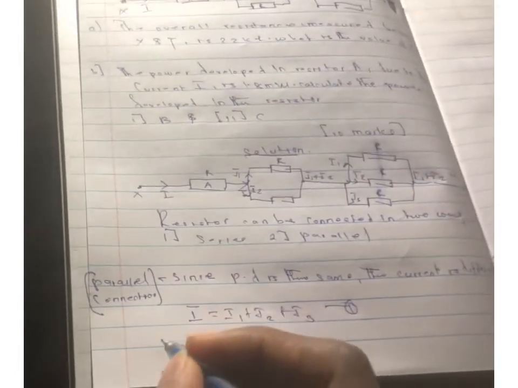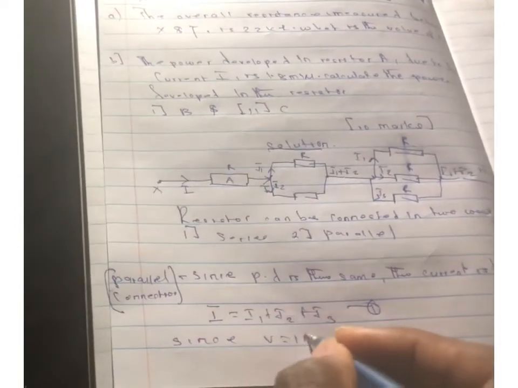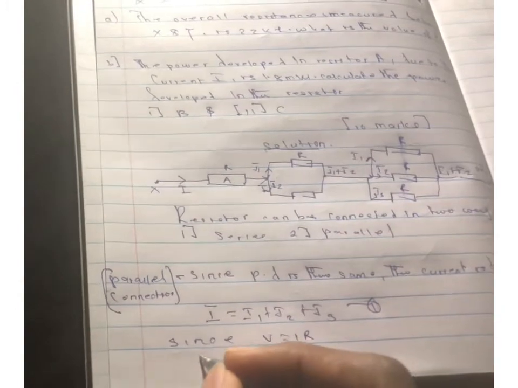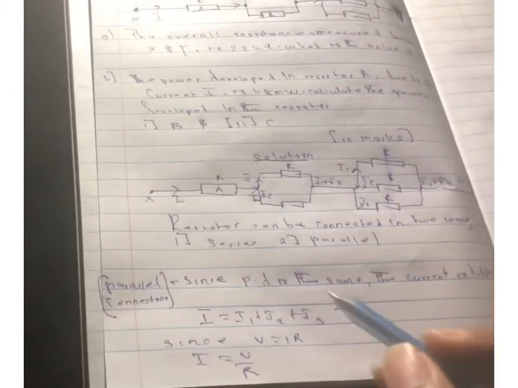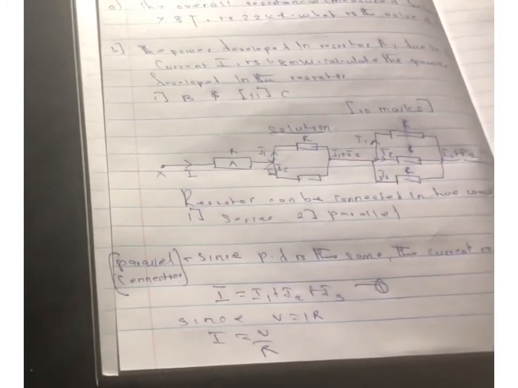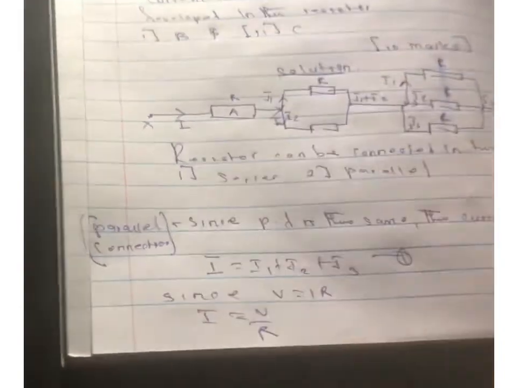Then, since from Ohm's law V equals IR, we can make I the subject to have V over R. Now, for simplicity and to prevent confusion, let's name each of the resistances R1, R2, and R3.